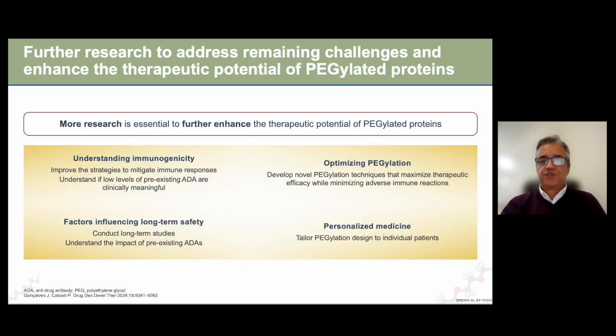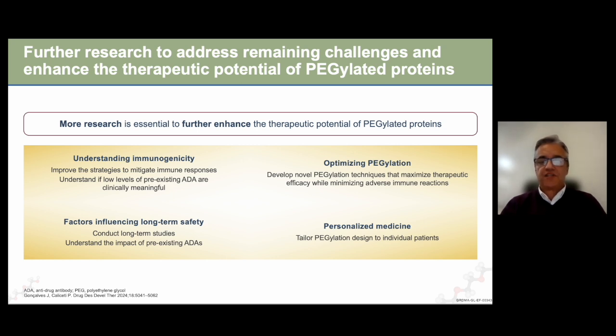So further research is really important here and should address the remaining challenges to enhance the therapeutic potential of pegylated proteins, such as understanding immunogenicity. We really need to see the mechanisms why some patients have more immunogenicity than others. So the factors of the patient are really important to be a target of research.